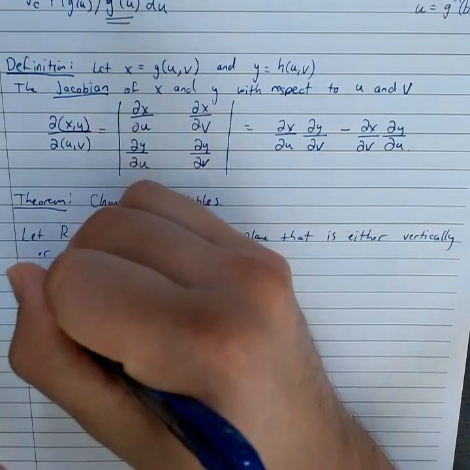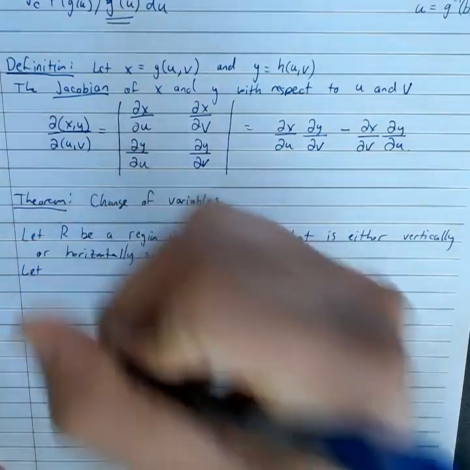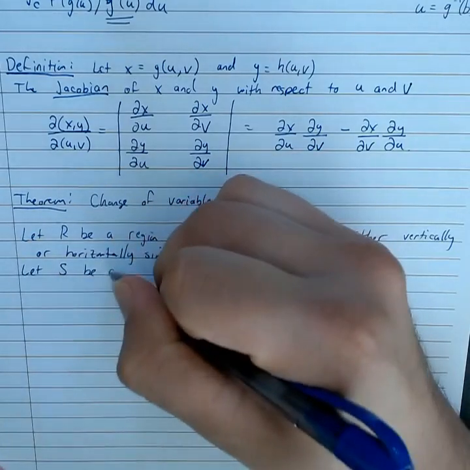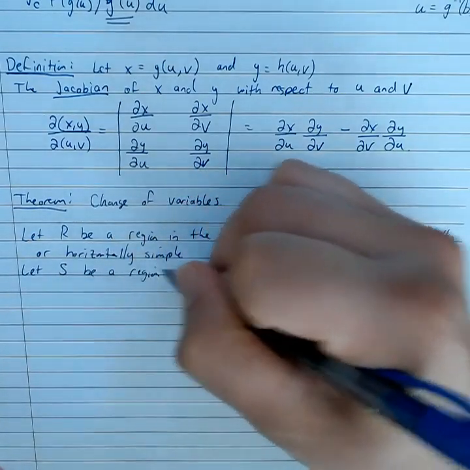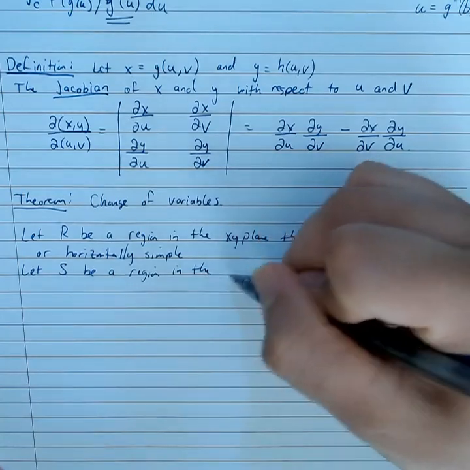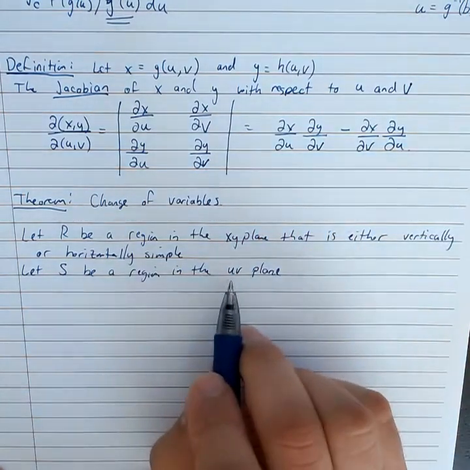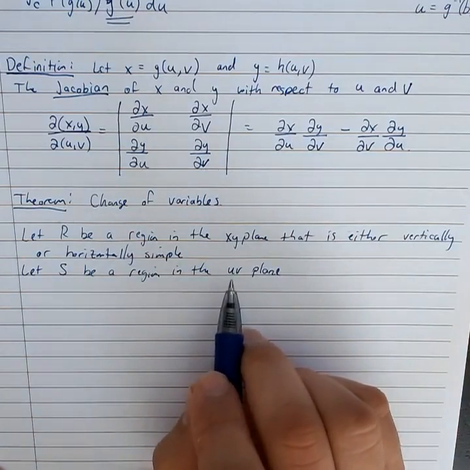We're going to go ahead and pick another region in a new set of coordinates. Let S be a region in the UV plane. Now here we're talking an abstract U and V. However, we've seen examples where these are not abstract.